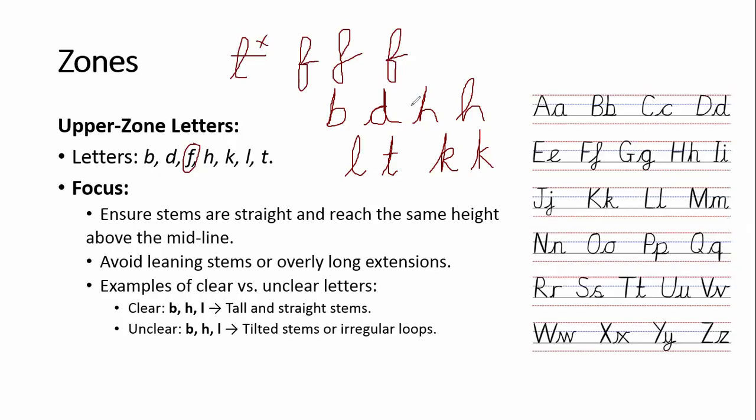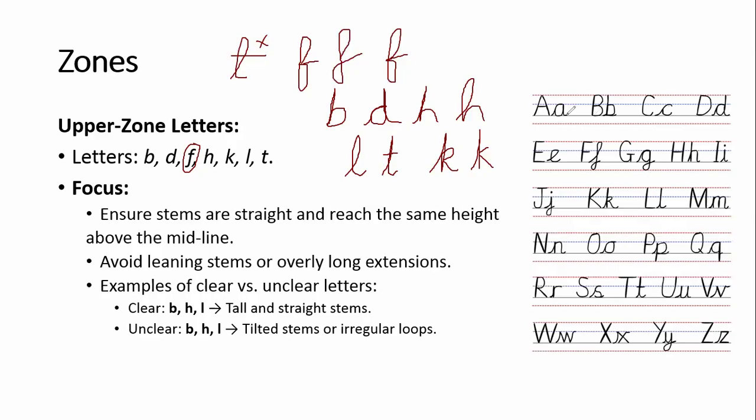So today, while practicing in the four-line book, don't practice upper zone letters or lower zone letters. Only practice C, A, and O. Why? Because observe carefully.